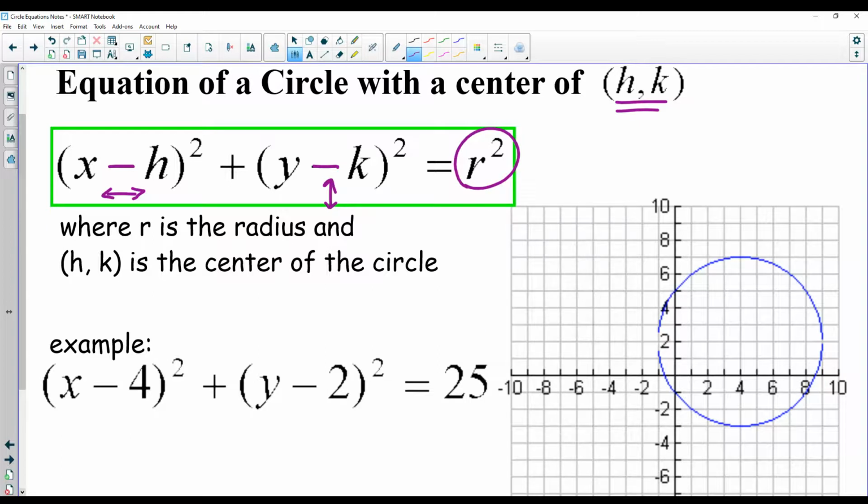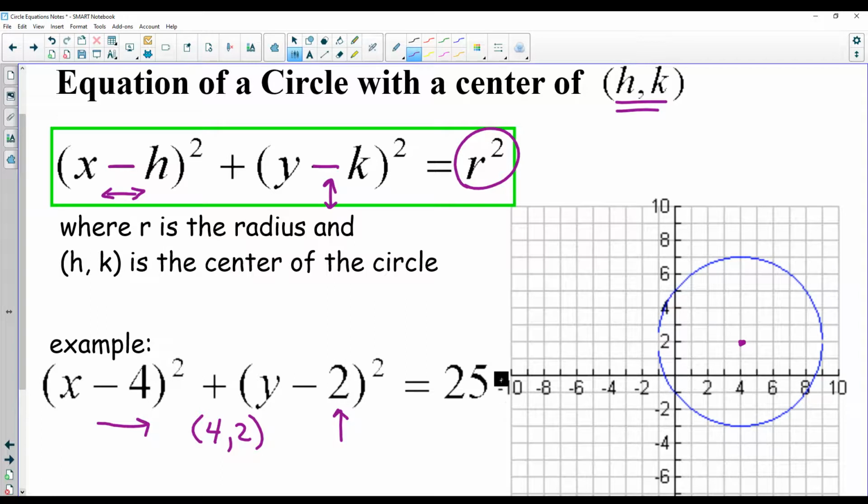So let's look at what this does. In our example, we have minus 4. That actually is going to move to the right 4. And this minus 2 actually moves up 2. Okay, so our center should be at 4, 2. Let's check it out. 2, 3, 4, up 2. That looks pretty good.